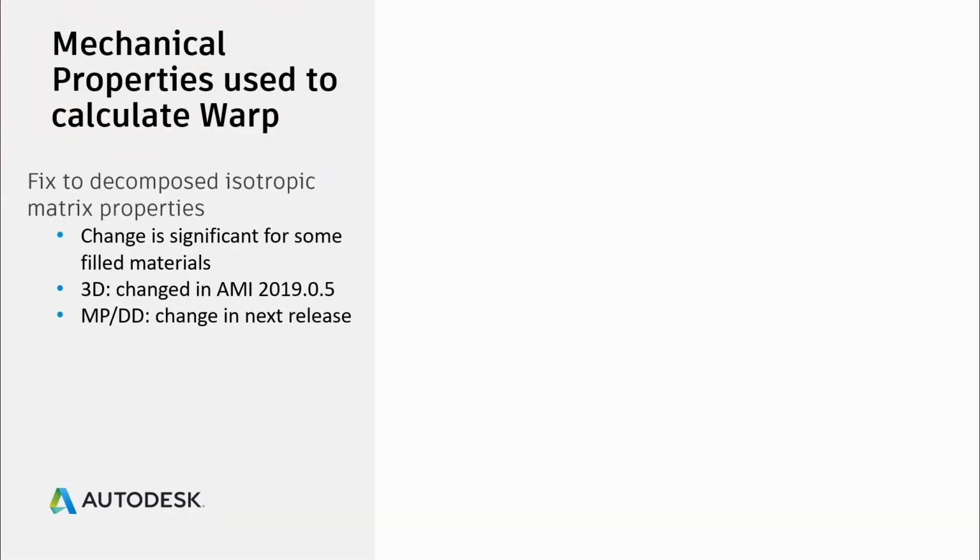Now, I'd like to turn our attention to the prediction of mechanical properties in composites, with fiber reinforcement or other types of filler content reinforcement. Of course, these mechanical properties influence and contribute to the warpage deflection predictions. So we've made a change to the way we decompose matrix properties for composite materials where we assume isotropic matrix properties.